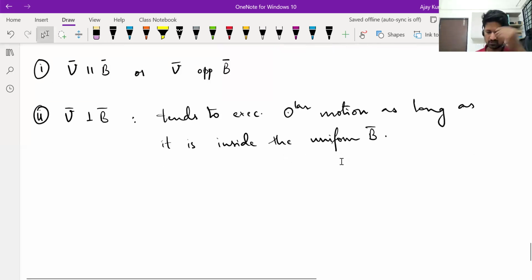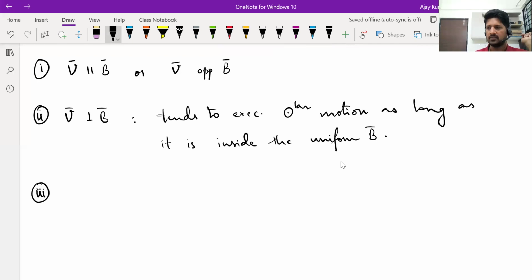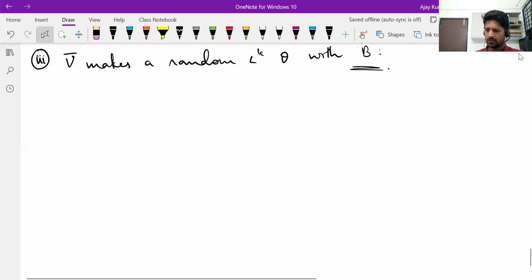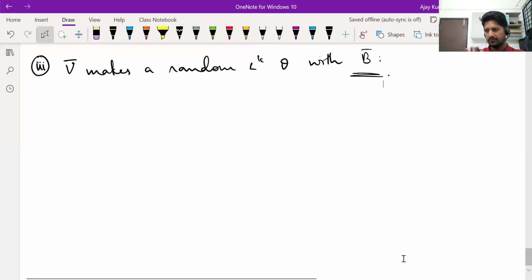Okay, now the third case. What if velocity is not along the same line as magnetic field, and it's not perpendicular also, it makes some other angle. So velocity makes a random angle theta with the magnetic field. Okay. For us to be able to visualize this properly, we need to take magnetic field and velocity in the same plane.